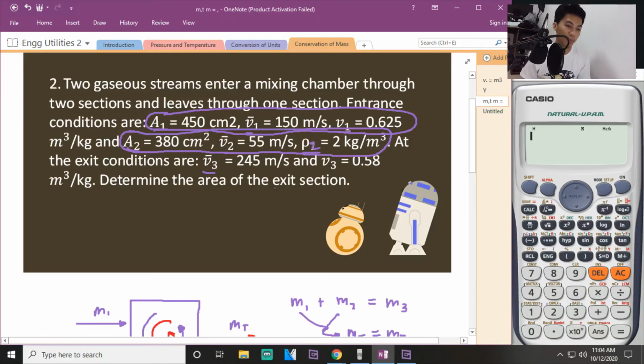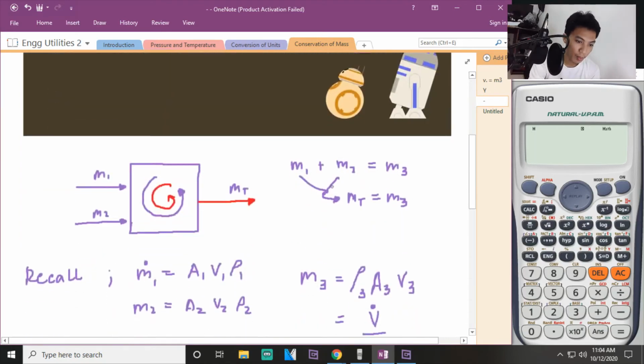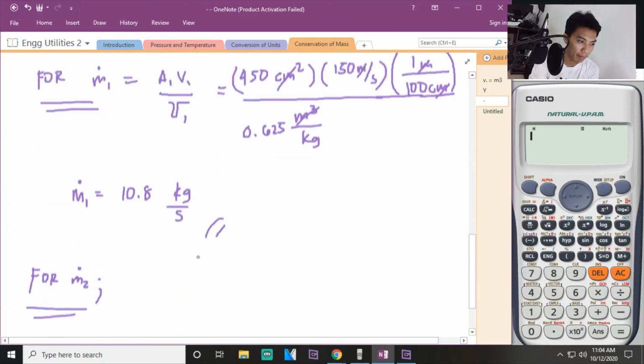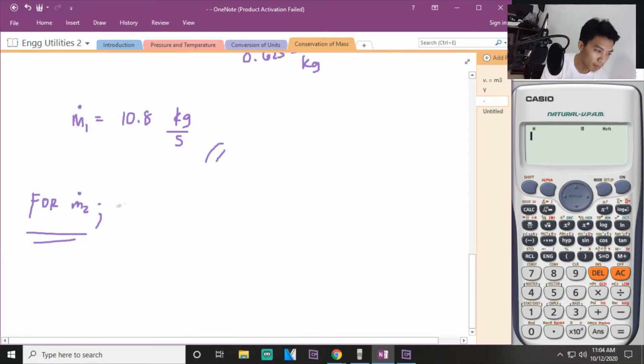Density 2. So, M2 will be equal to density 2, area 2, velocity 2.